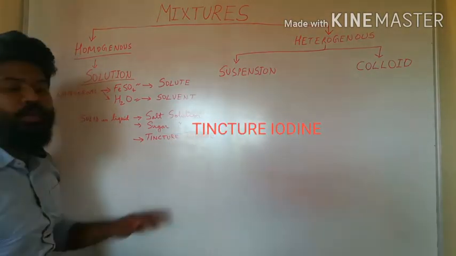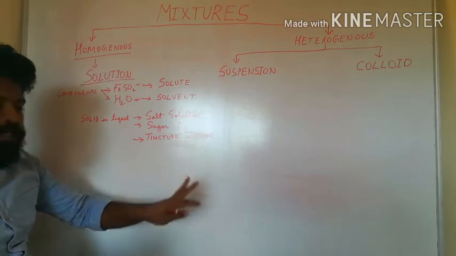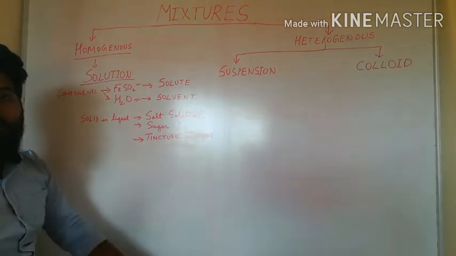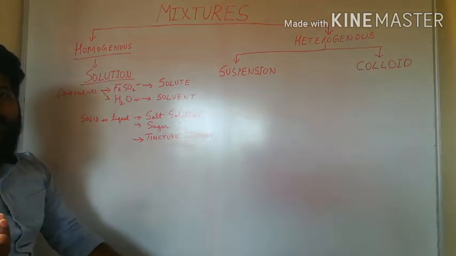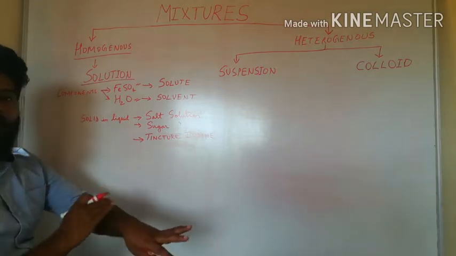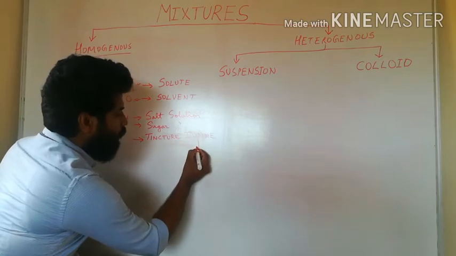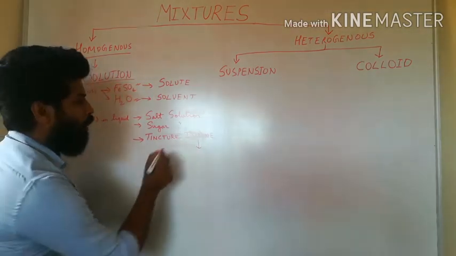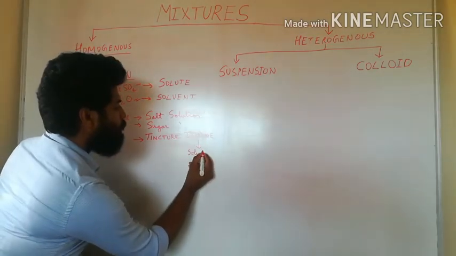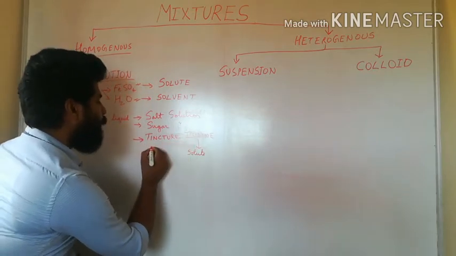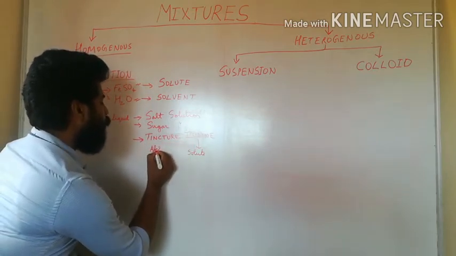This is most commonly used in clinics and hospitals in cleaning wounds, that reddish brownish colored liquid solution that we use to clean the wound. What is that? That is nothing but iodine present in alcohol. Here iodine is the solute and the solvent is alcohol.